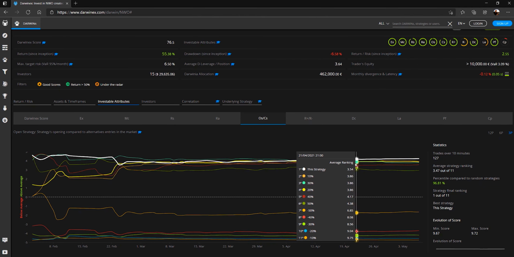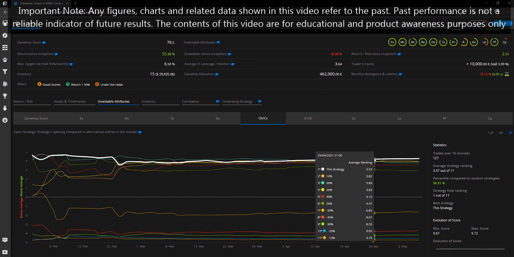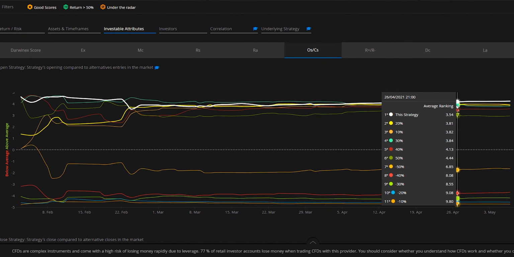Now, the results of this metric are output to a line chart, and you'll see there are 11 individual lines. The most important of these is the white line, because this represents the performance of the actual trading strategy. The 10 remaining coloured lines represent hypothetical models that used an alternative open timing. 5 of them opened trades earlier than the actual entry, and 5 opened them later.